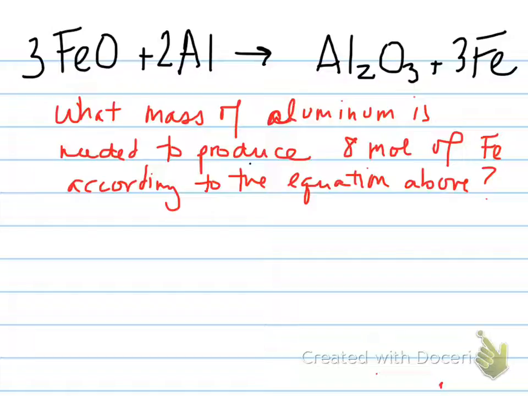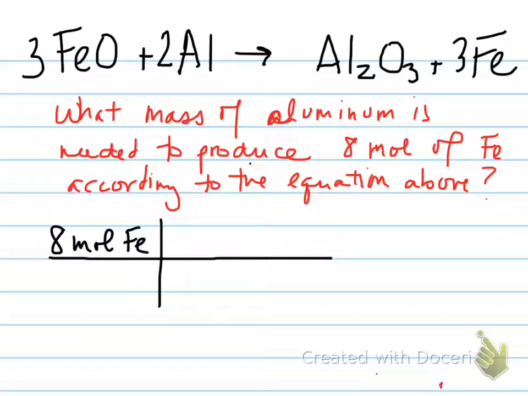Given, always. 8 moles of iron. Okay. Now, what we want to end up in are grams of aluminum.